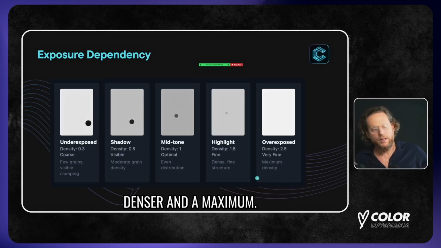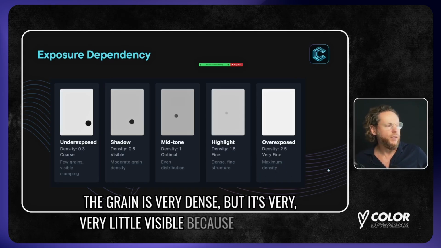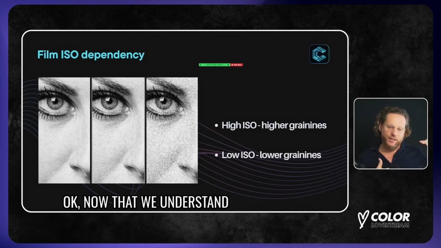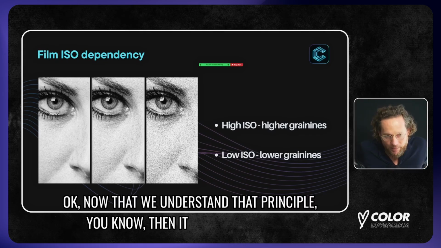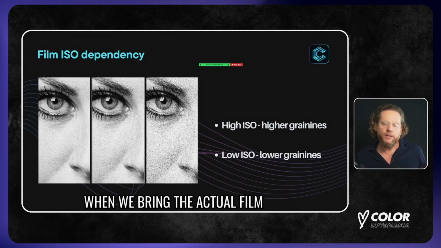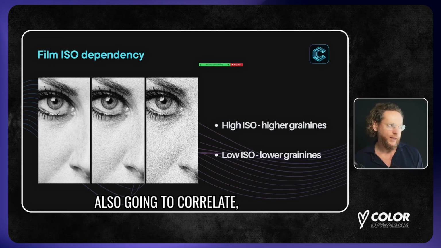And at maximum, the grain is very dense, but it's very little visible, because it just works like that. Okay, now that we understand that principle, then it makes complete sense that when we bring the actual film light sensitivity into that game, this is also going to correlate, isn't it?